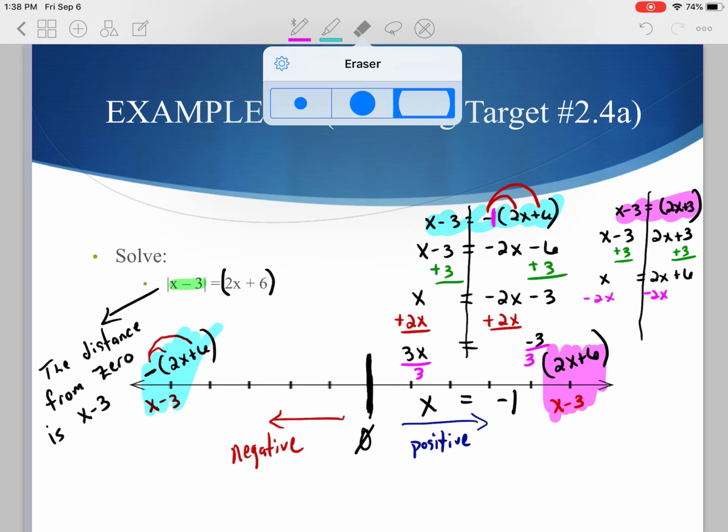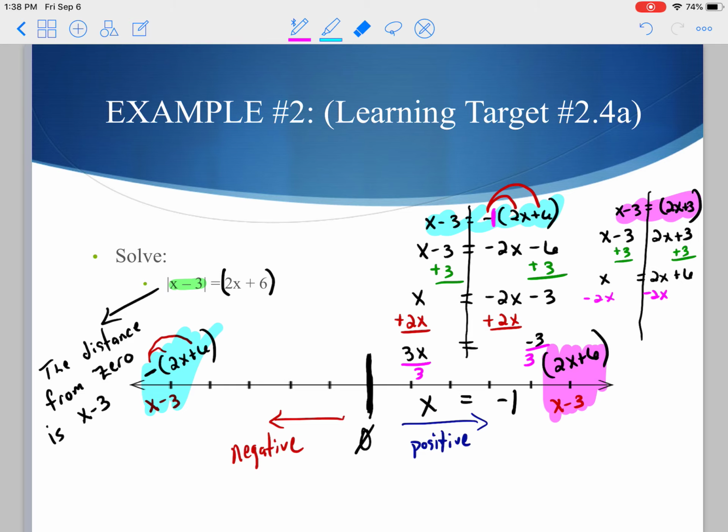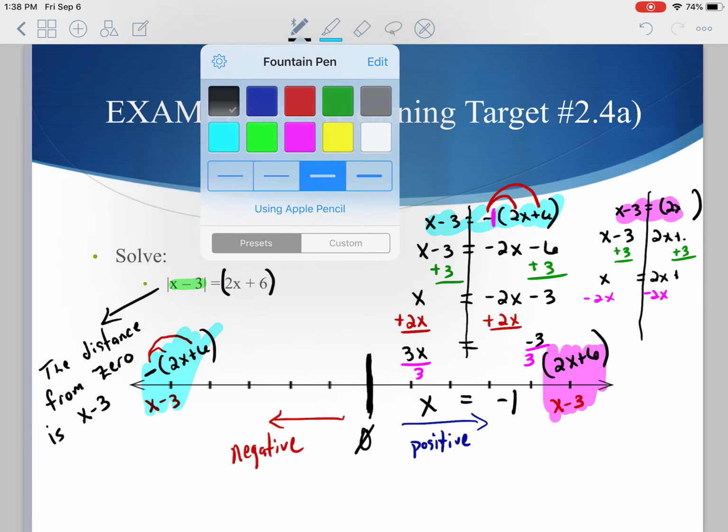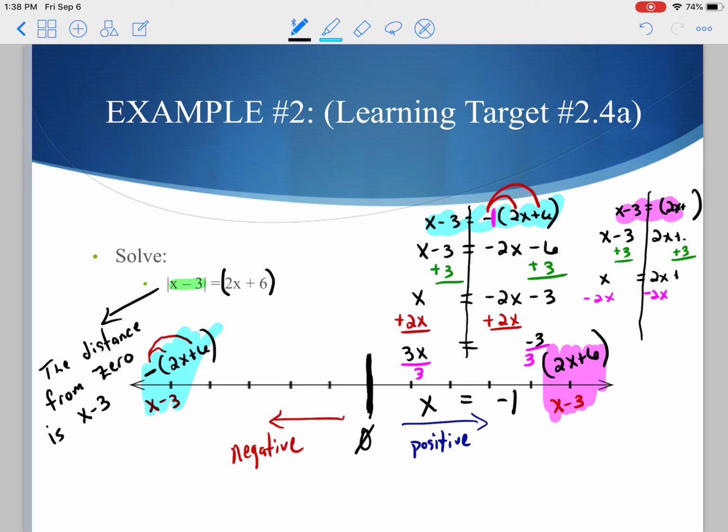And looks like I have written a typo here. So let me fix that real quick. And 2x, this was 2x plus 6, which makes this a 2x plus 6 because I can just remove the parentheses. 6 plus 3 is 9. Okay, that corrects any error that I had written.